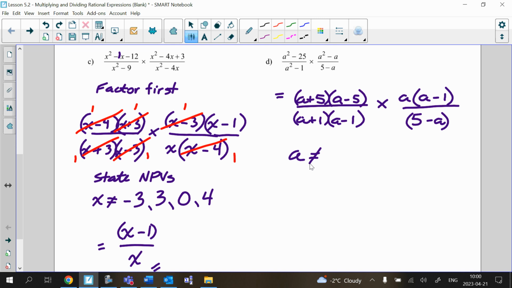Now we're ready to reduce. Give me a pair I can reduce. Yeah, those can go. There is another pair, and you have to remember what we did when we were reducing these things in the last lesson.